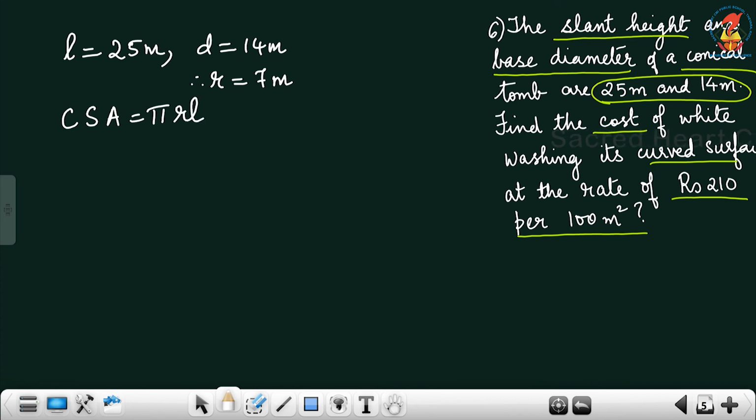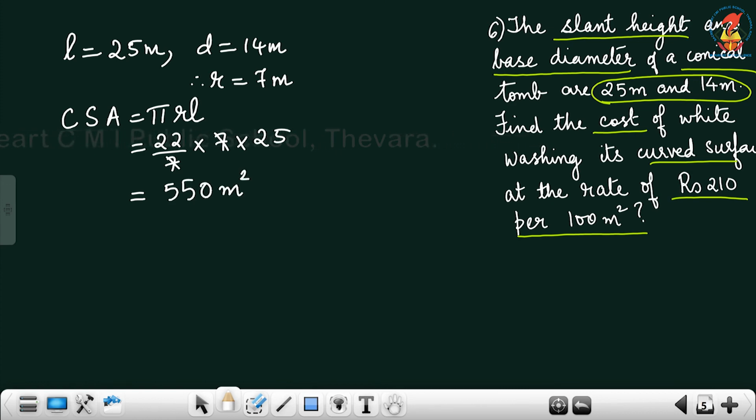CSA is pi r l. 22 by 7 into 7 into 25. 7 and 7 gets cancelled. 22 into 25. When you multiply, you will get the answer as 550 meter square.